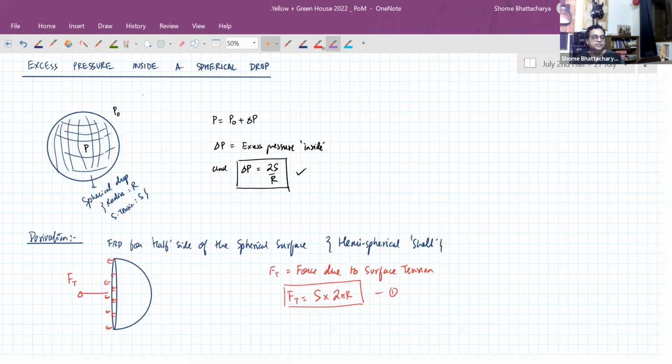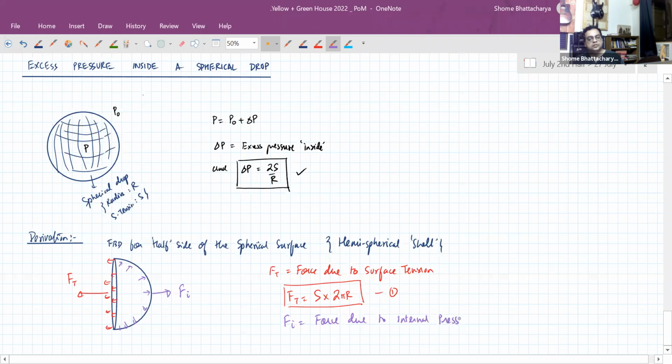Now the internal pressure of the liquid will be applying force vectors like this on the surface, radially outwards. And that will contribute towards a net force, let's say Fi, because of internal pressure. So how much that is, I'll come to in just a bit.